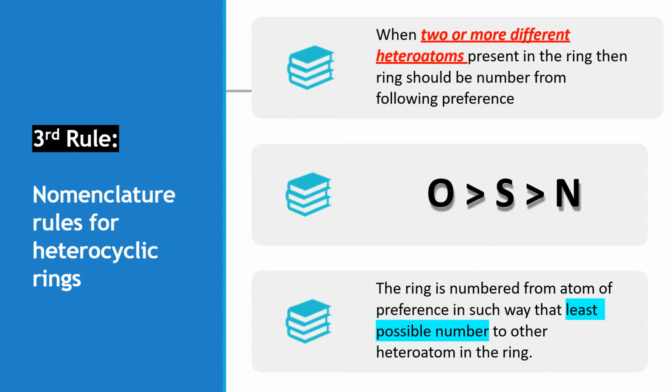Means what? Oxygen always indicates number 1, sulfur second, then nitrogen is 3. So very simple, very important during the nomenclature of any ring.